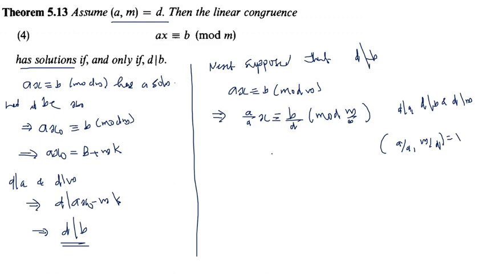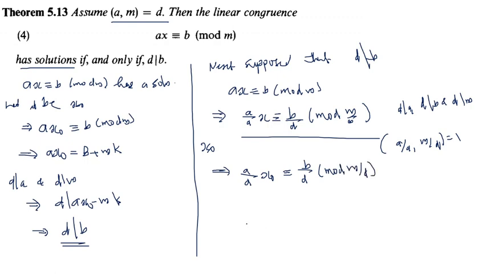Then by the previous theorem, if GCD of a by d and m by d is 1, then the congruence a by d x congruent to b by d mod m by d has a unique solution, and let it be x naught. That means a by d x naught congruent to b by d mod m by d. That implies ax naught congruent to b mod m.